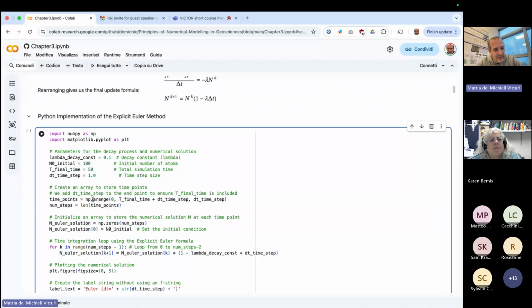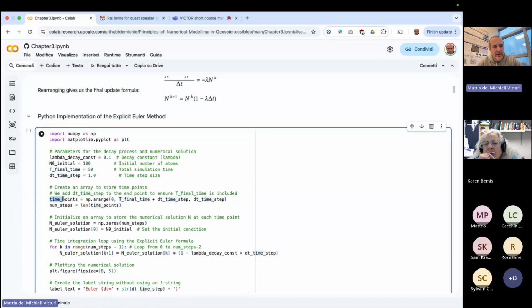This is because the function arange will not add the final time to our array of times. If we use just the final time, this could stop before the final time. In this way, we are sure that our final time will also be part of the array of times for which we want to compute the solution.